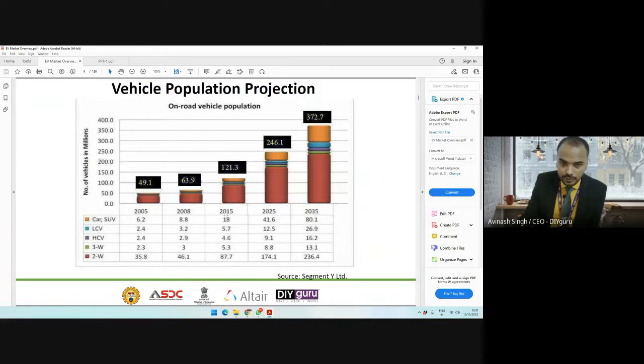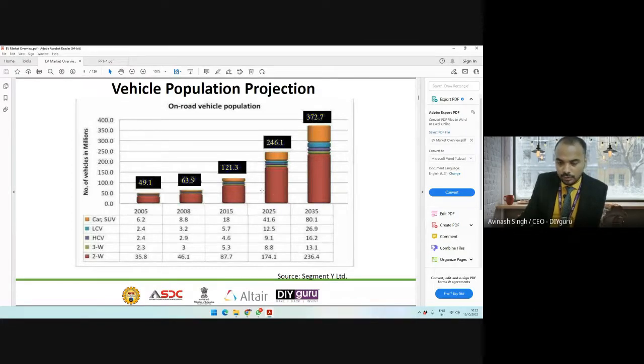This is what the prediction has been in terms of cars, how the numbers will increase, and how the number of two-wheelers will increase from 174 million to somewhere around 236 million, right? So, the whole mobility industry, I cannot say the electric vehicle industry, but if you talk about the whole mobility industry, this is a very bright future to look forward to.